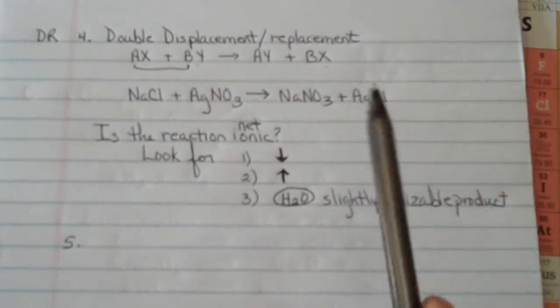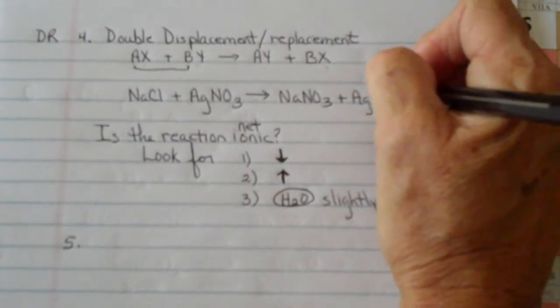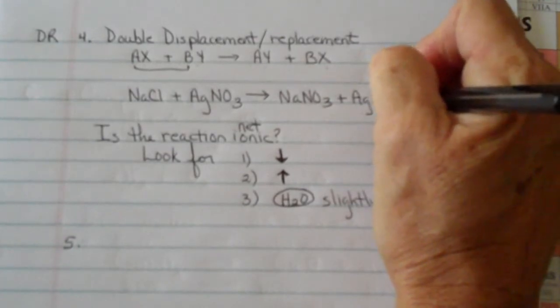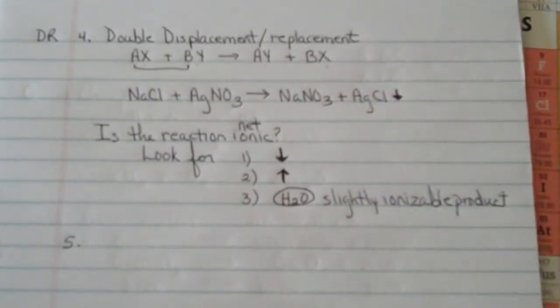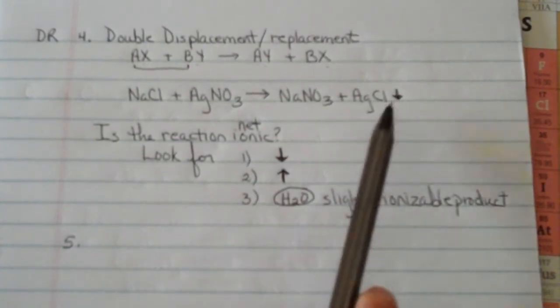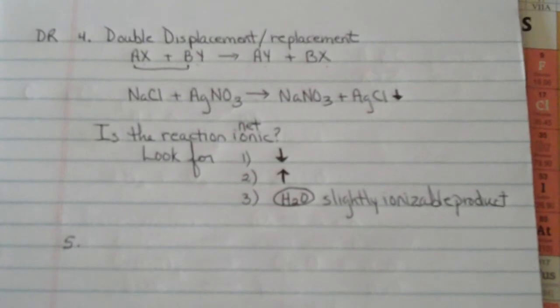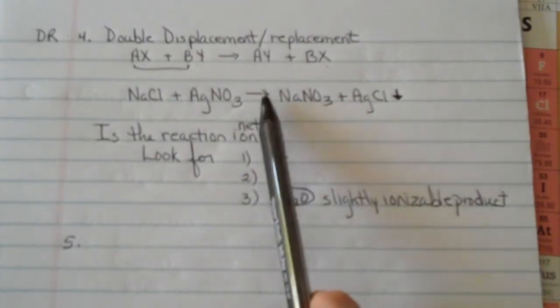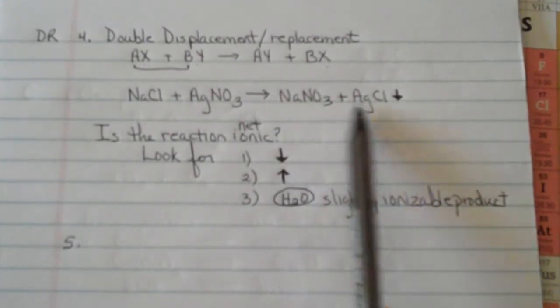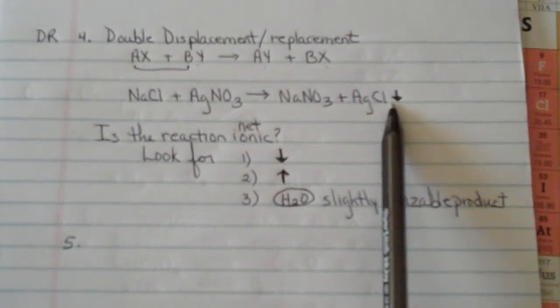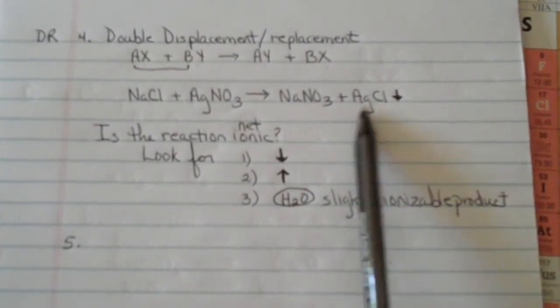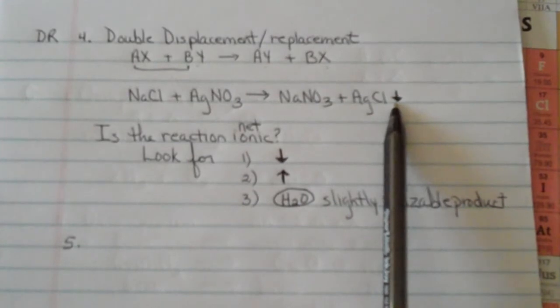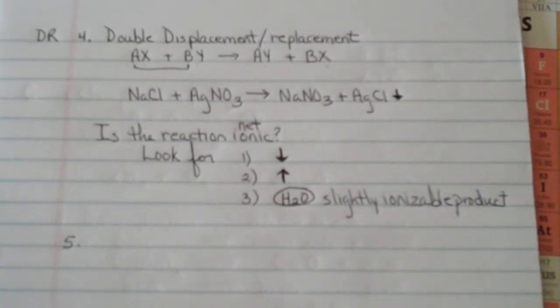But this is the problem. This compound is not soluble. The chlorides are not soluble with silver, mercury, and lead. So we're going to have a precipitate formed here. And the two symbols that I'd be looking for would be the arrow pointing towards the products and then the indication that one of those products, in this case the silver chloride, is a solid. It does not dissolve in water. We'll do more with this later.